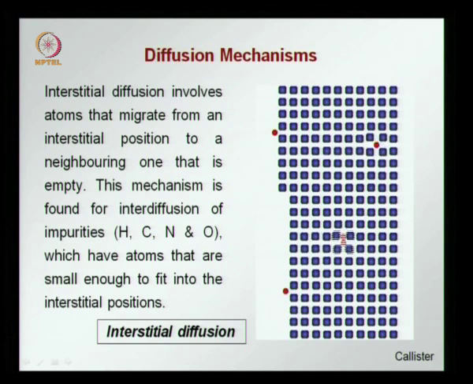And this occurs a lot in the case where impurities diffuse into a material. For example, diffusion of impurities such as hydrogen, carbon, nitrogen, oxygen, which have atoms that are small enough that they fit into the interstitial space. So, this is interstitial diffusion.